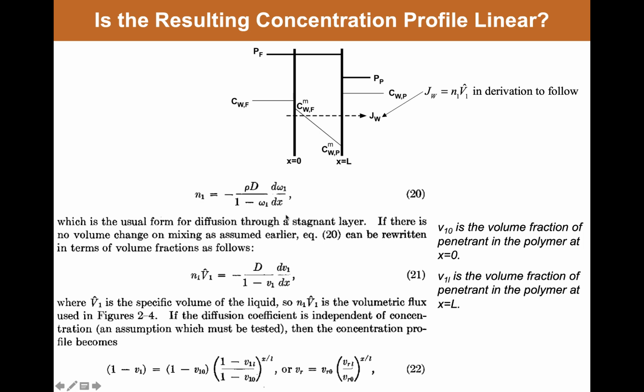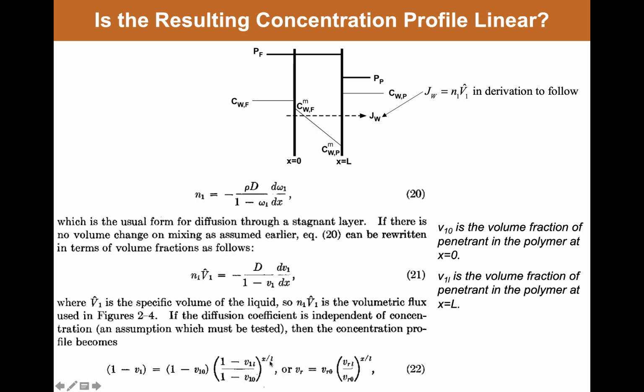Paul also shows that this expression can be written in terms of volume fraction, as shown here, and he then goes on, under the limiting circumstance where the diffusion coefficient of the penetrant through the polymer is taken to be a constant, to integrate this expression to calculate the volume fraction profile through the membrane, and ultimately the weight fraction and concentration profile through the membrane.